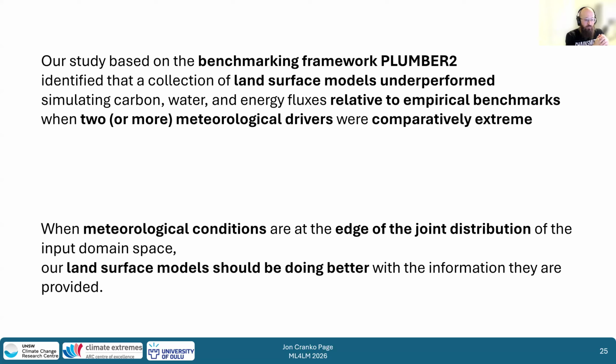And so I think to get the most out of this, it is a tool for land surface model developers, where they can use these plots and techniques and empirical benchmarks themselves, and then look into and target the specific conditions where their own model is underperforming, which, while it might be in the edge, is not necessarily what we'd understand as extreme weather or flux conditions.